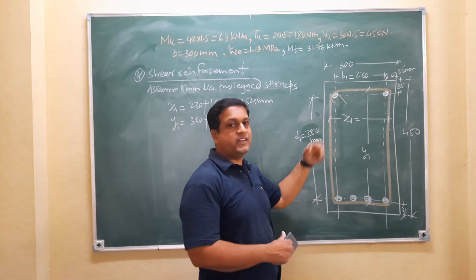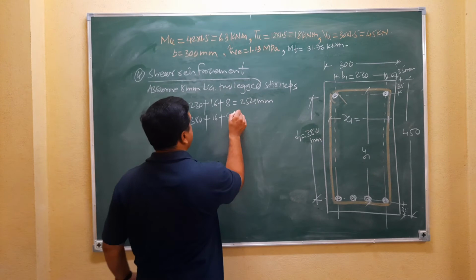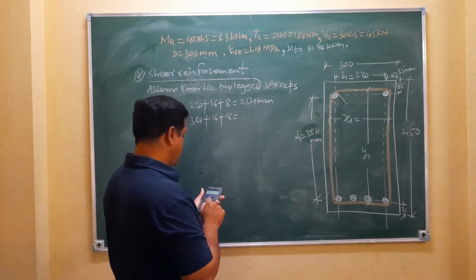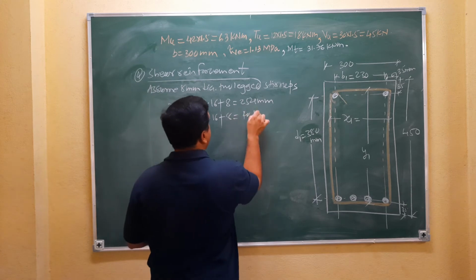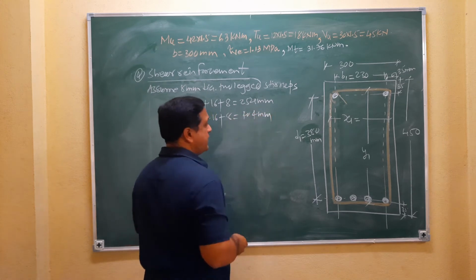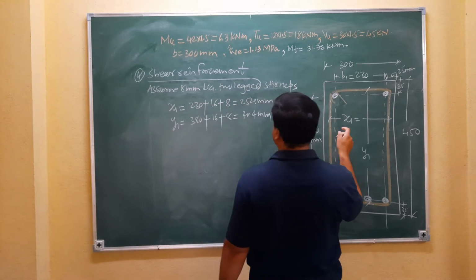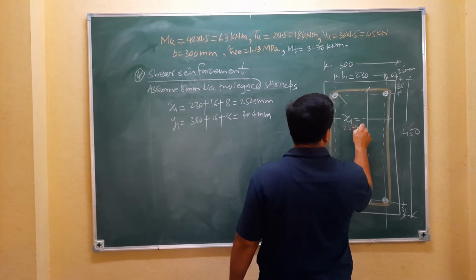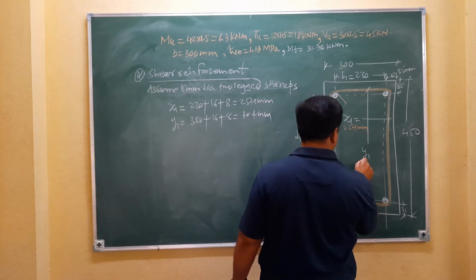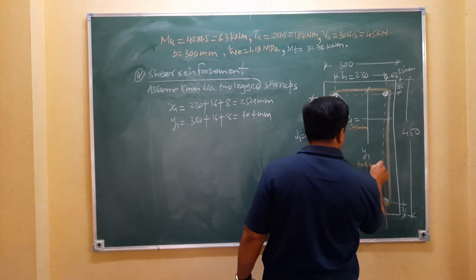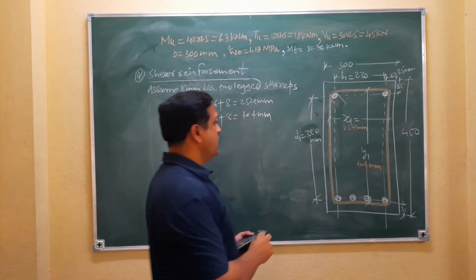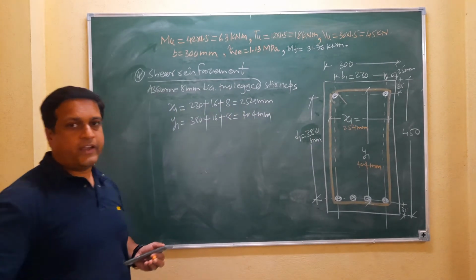So 380 plus 16 plus 8, it is 404. These are the values: x1 is 254 mm and y1 is 404 mm. So these are the calculations of x1 and y1.